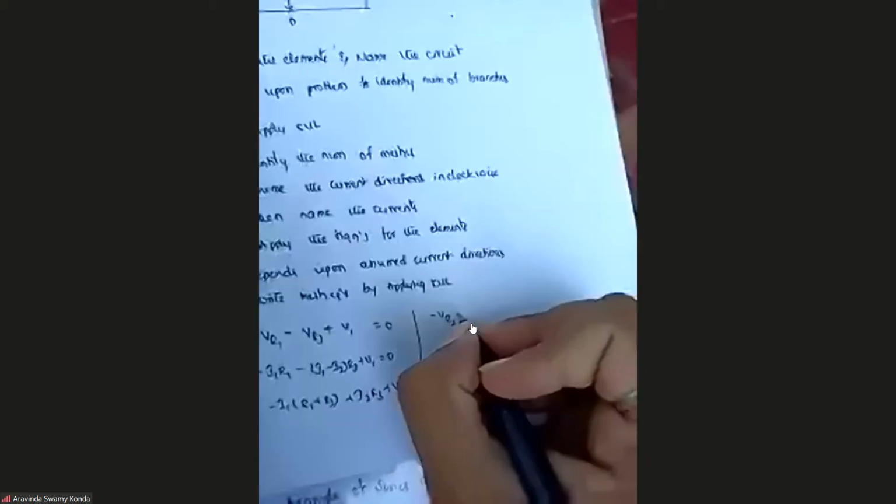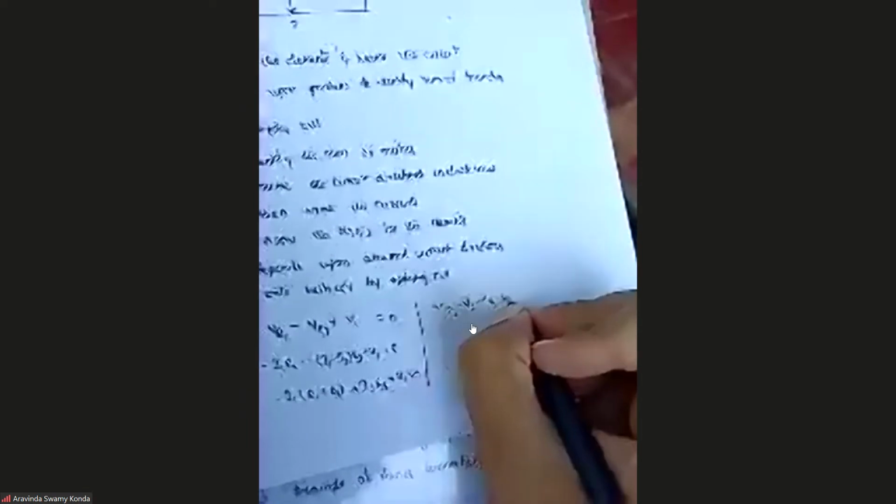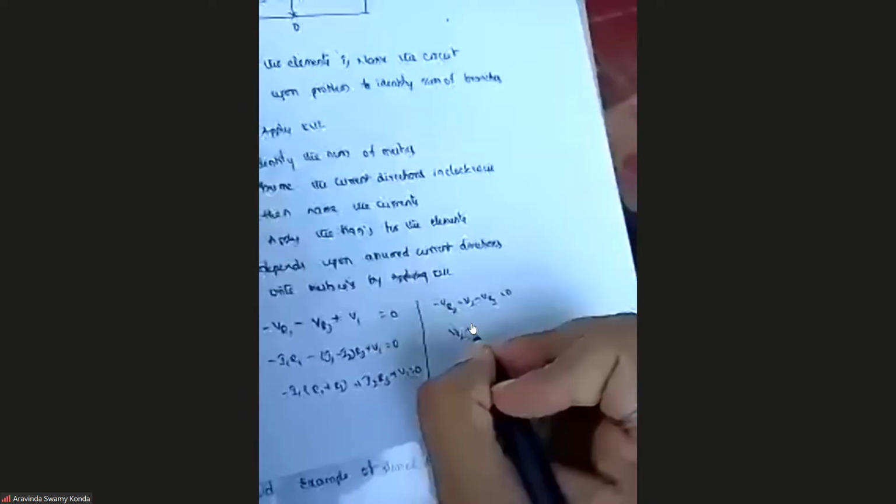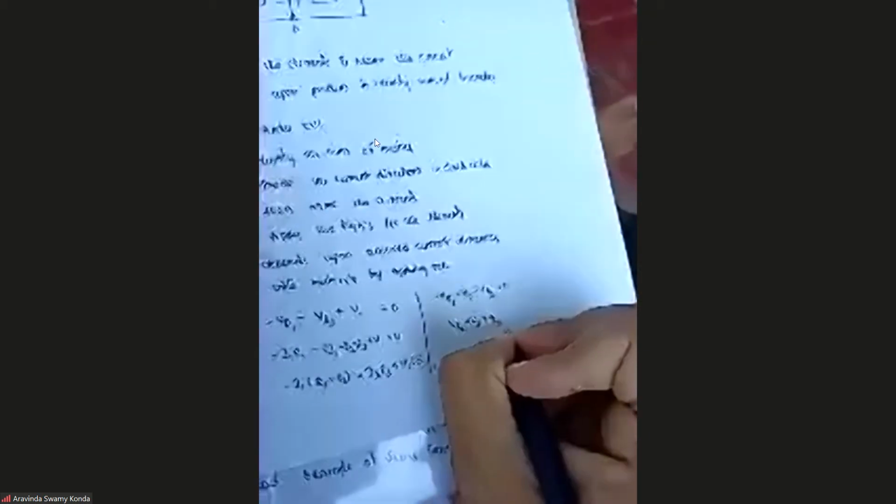Similarly, write the equation for the second mesh. That is minus VR2 minus V2 minus VR3 equal to 0. Taking minus as common, VR2 plus V2 plus VR3 equal to 0.